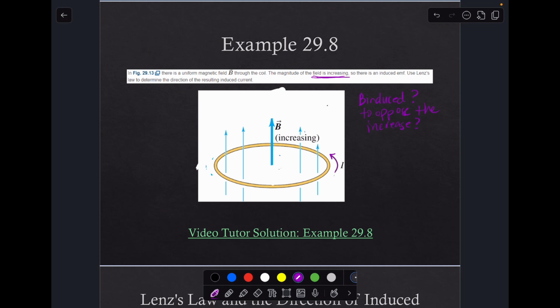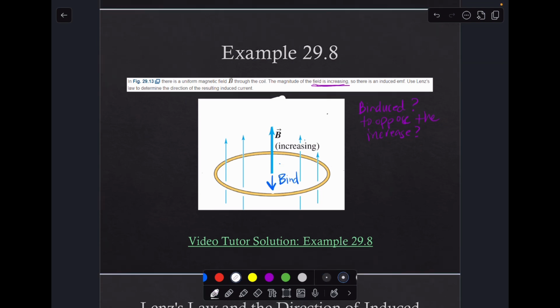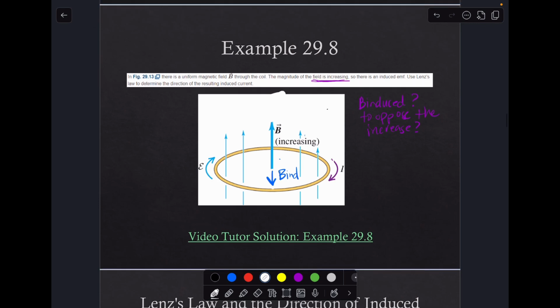It should point in the opposite direction of B. B induced is pointing down. We put our thumb in the direction of B induced, and the direction that our fingers curl is clockwise. So the induced current and the induced EMF will be clockwise. That's the direction of the resulting induced current, and that's basically applying Lenz's law.